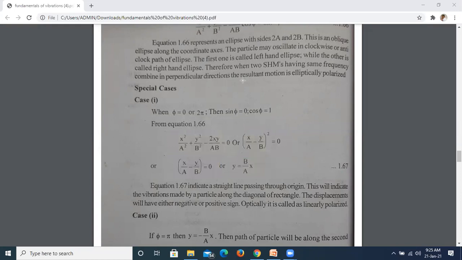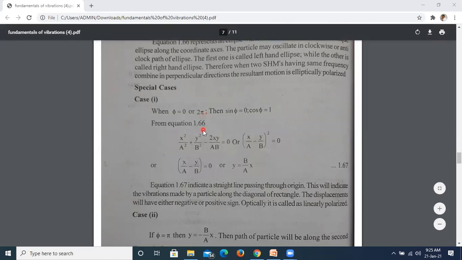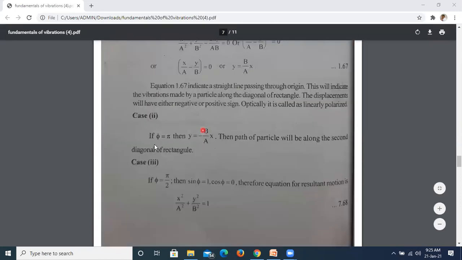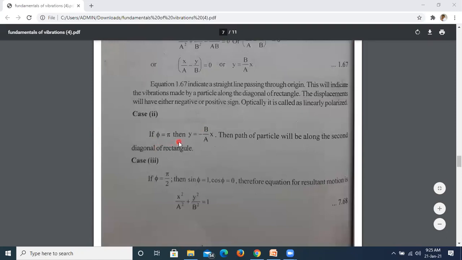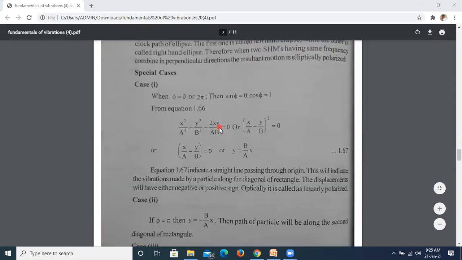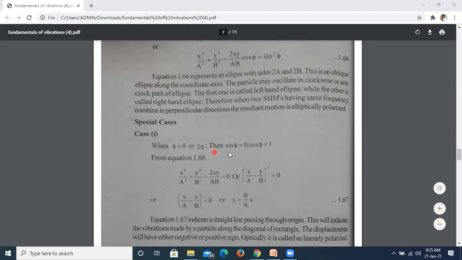Now, the second case, when the phase difference phi is equal to pi, then substituting that here, you will get y is equal to minus b by a into x. When phi is equal to pi, sin phi is equal to 0, cos phi is equal to minus 1. You substitute those values here.